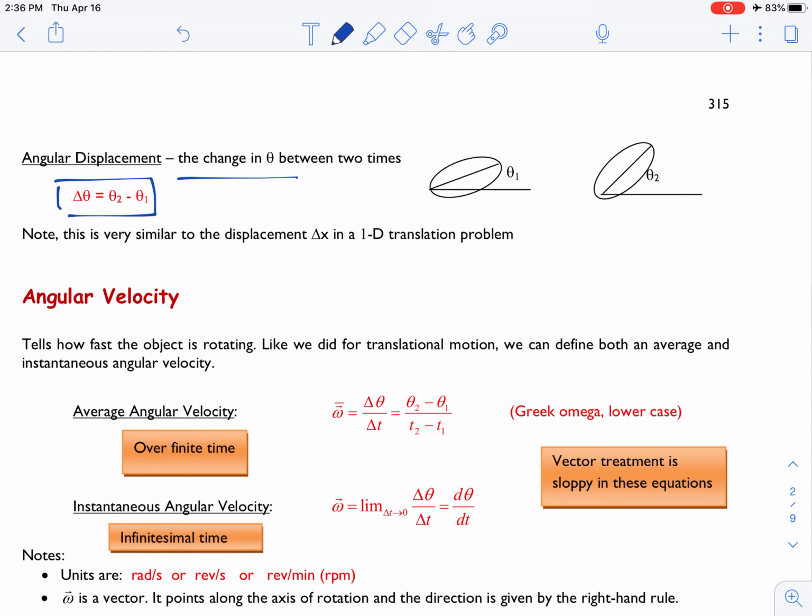So in the linear motion we had, for example, delta x. So what was delta x? That was x2 minus x1. In three-dimensional motion we had delta r. That was r2 minus r1. Still similar. Now our displacement is in theta because it's angular displacement. So initially you had this theta 1 and then you moved even more, and that is your theta 2. Okay, and the disk is your object in this example.